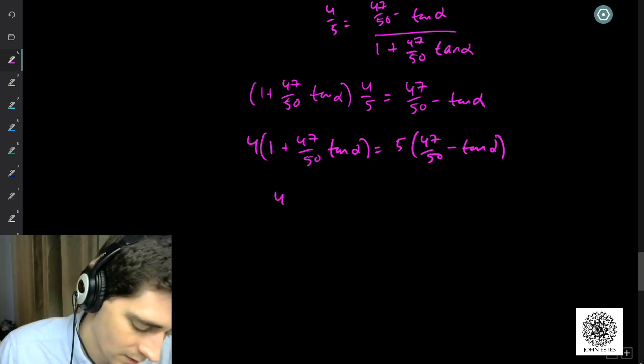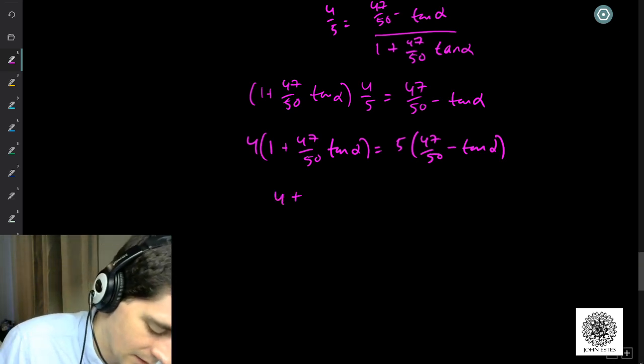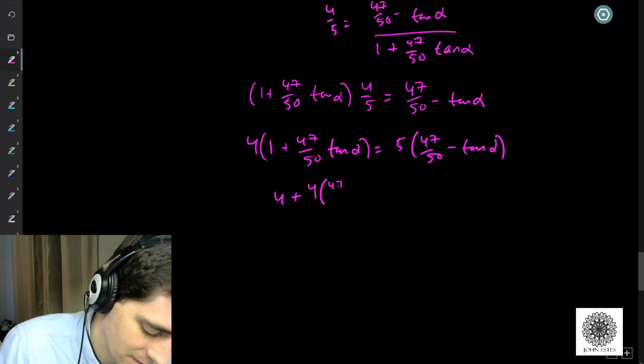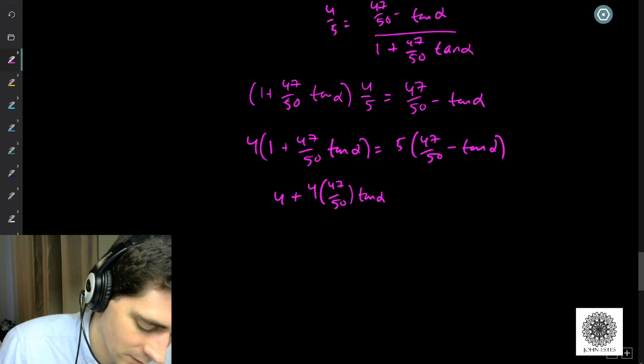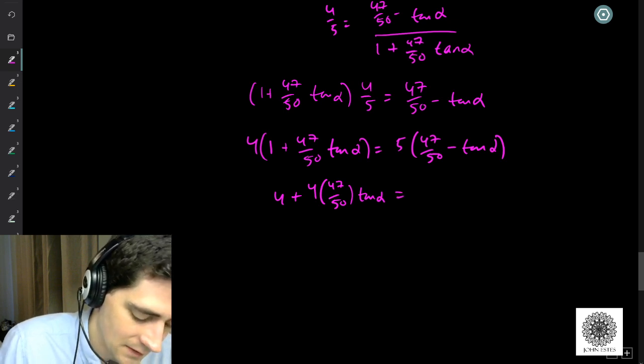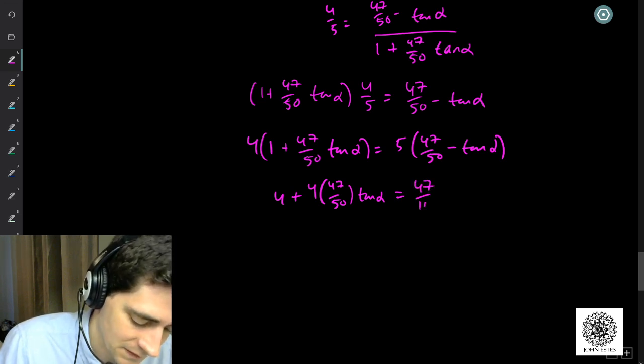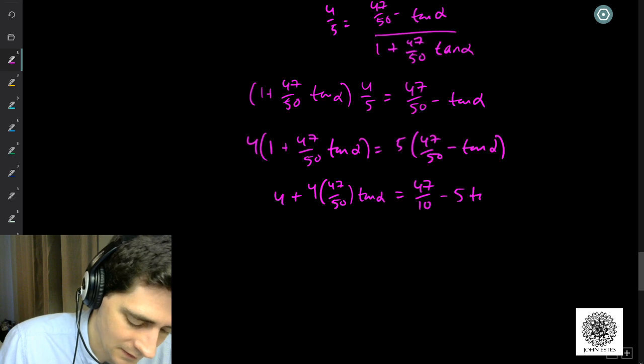So I have 4 times 47/50 tan alpha, distributing the 4 there, and 5 times 47/50, the 5 and the 50 divide, so you get 47 over 10 minus 5 tan alpha.